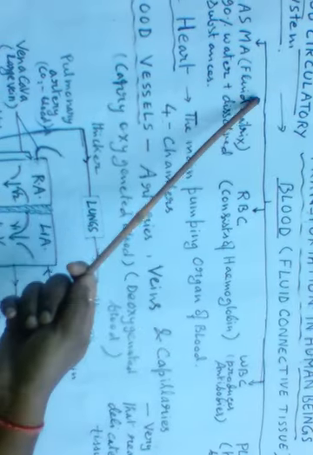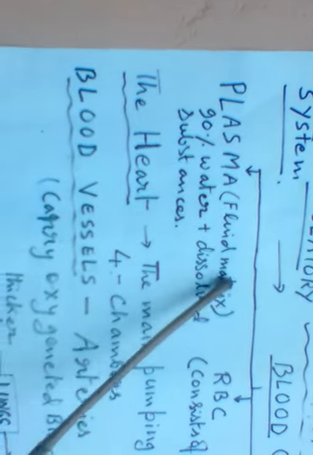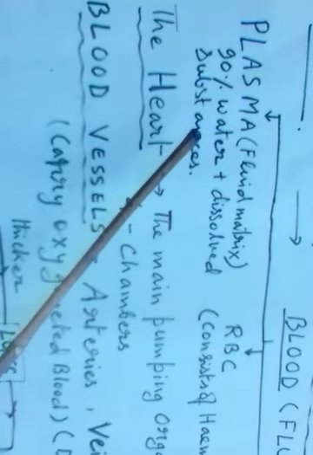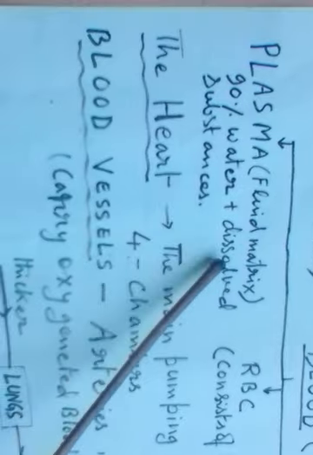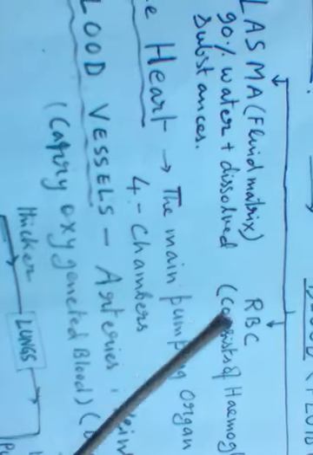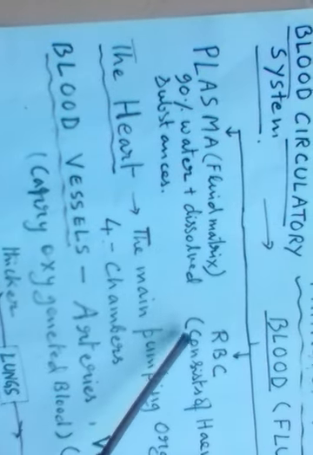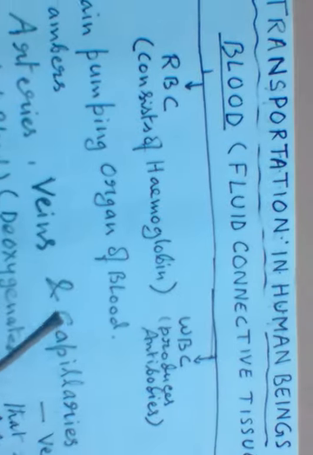Here let's see the composition of the blood. It is mainly composed of the fluid matrix called blood plasma, which contains 90% water and dissolved substances like proteins, minerals, salts, etc. In this fluid matrix, there are three types of blood cells.